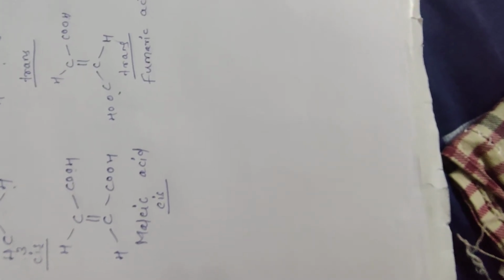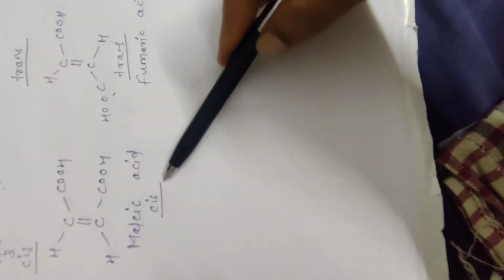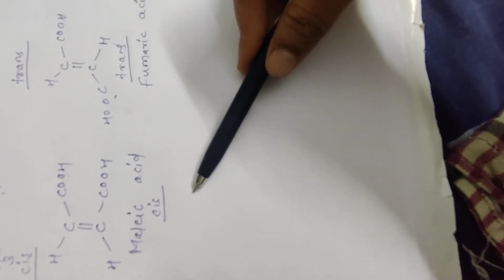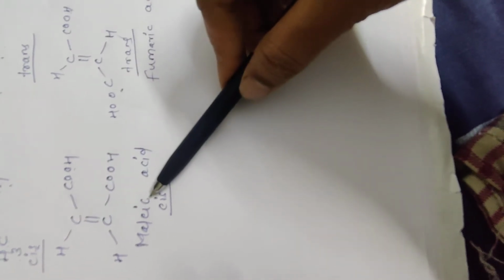Now what are the differences? As the isomers have different structures, many of their physical and chemical properties differ from each other. So when we consider maleic acid and fumaric acid, the melting point of the cis isomer, maleic acid, is near about 130.6 degrees Celsius, while the melting point of fumaric acid is nearly 287 degrees Celsius.